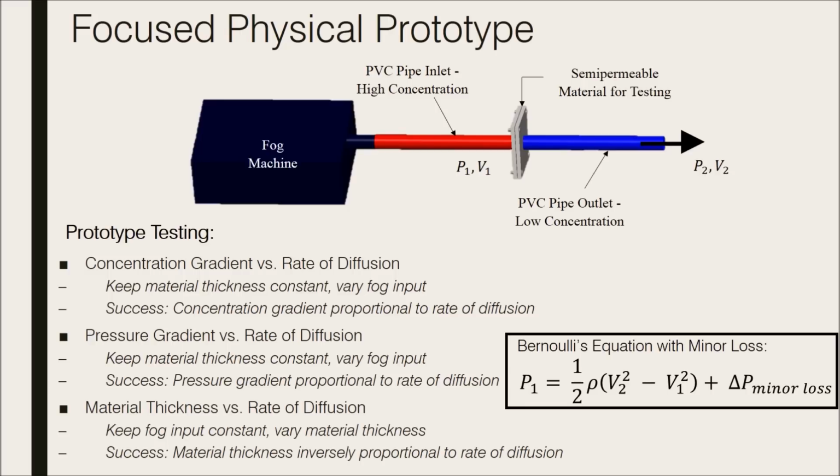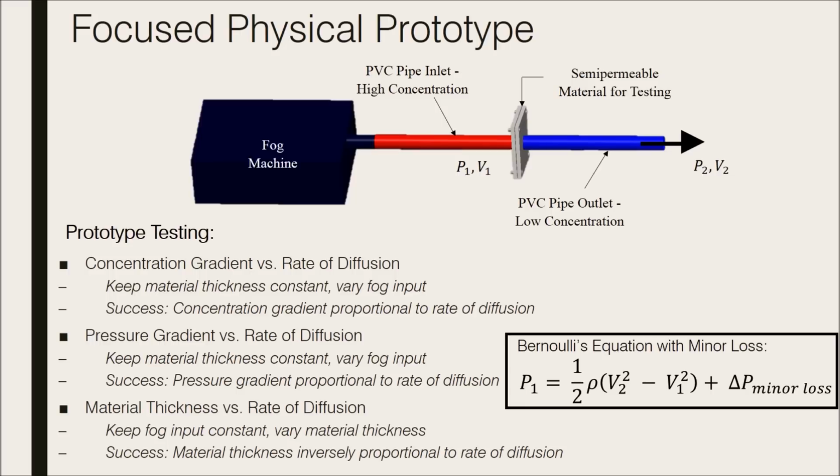The time it takes for the fog to diffuse through the material and to reach the pipe outlet will be recorded for each trial. Three trials for each material will be conducted, each one with different fog concentration input. This test will be considered successful if the fog diffusion time decreases for increasing concentration, since concentration gradient is directly proportional to the rate of diffusion.